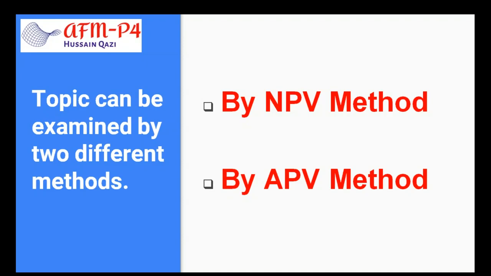Only one time has the examiner examined the APV method for international investment. You will get the session of the APV method later on. Initially, we will start the topic of international investment appraisal by NPV method. Later on, we will discuss the APV method.